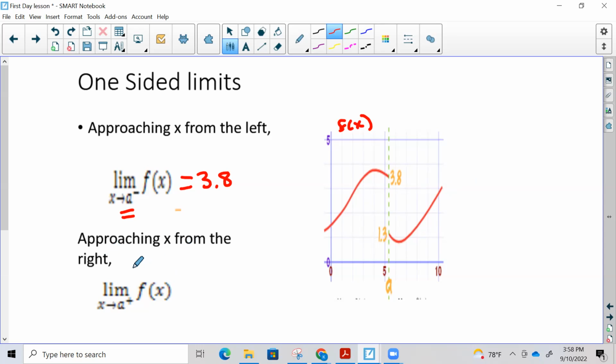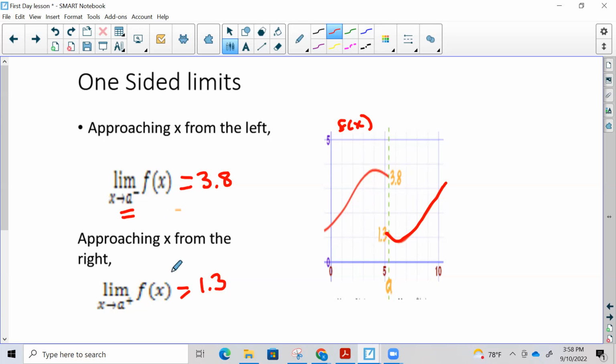Approaching from the right, we write x arrow a and then put a little plus sign, and that means from the right. So the plus sign means I'm coming from the right and going right to left. The minus sign means I'm coming from the left and going left to right along my function. This time I start on the right, trace my curve, and see what y value it is getting close to. And this one is 1.3.